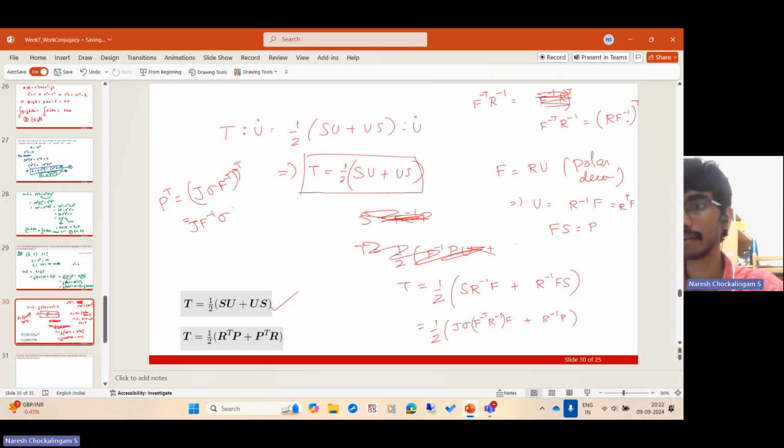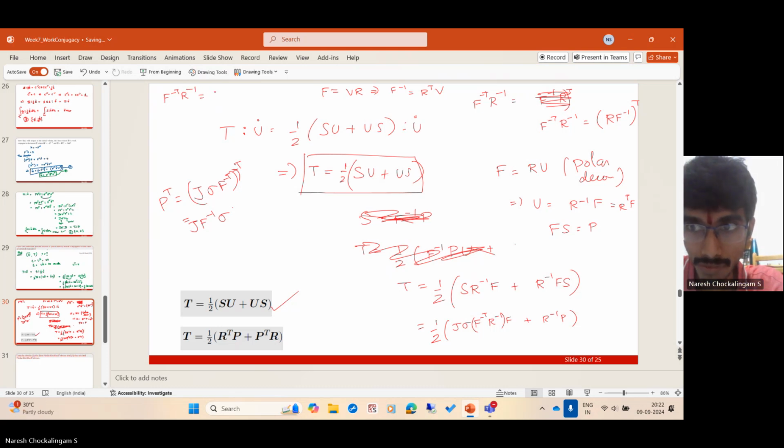So what is R F inverse? F is equal to VR, which means F inverse is R transpose V. So F inverse transpose R inverse is equal to R transpose V. I can put a transpose here and an inverse here, the whole transpose.